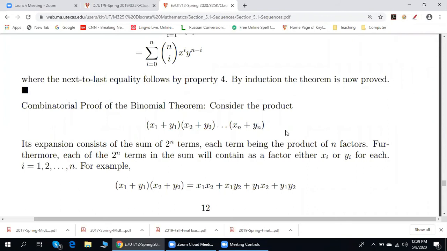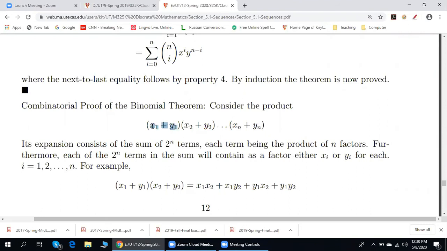For each position, we have 2 possibilities, either xi or yi. For position number 1, we have either x1 or y1. For position number 2, we have either x2 or y2, and so on. For position number n, we have either xn or yn. Now, when we expand parentheses, we basically select from each position only one of these terms.